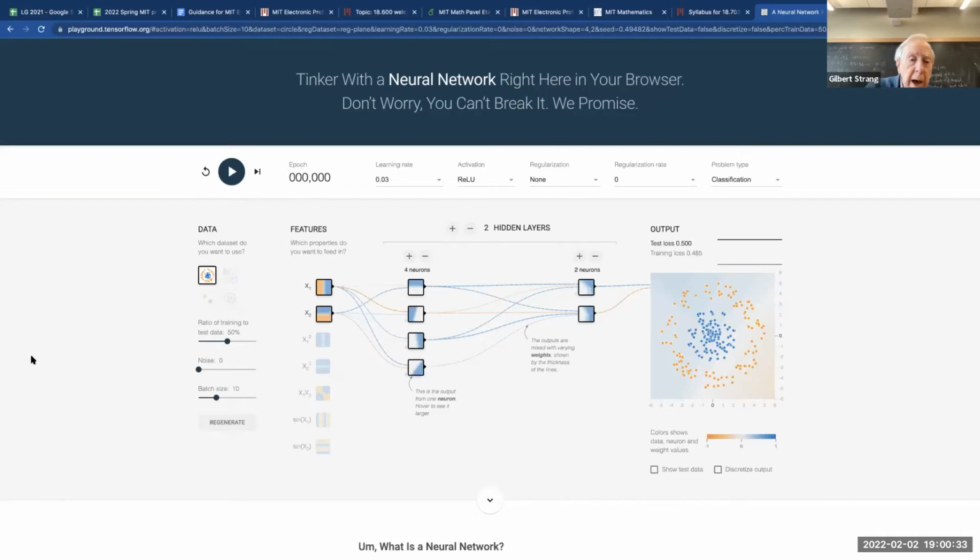On the left you see a little box around one picture. That's the input. The input is blue dots that are +1 and orange dots that are -1. We're looking for a function of x and y which will give us plus on the blue dots and minus on the orange dots. And that function is created by those matrices.